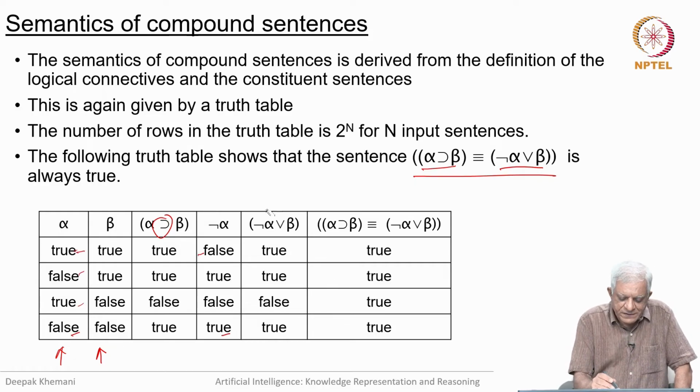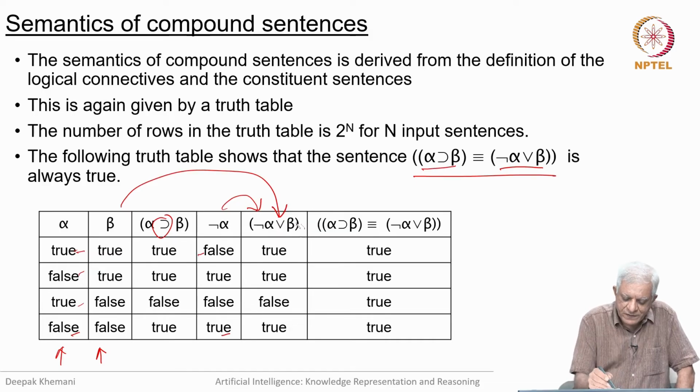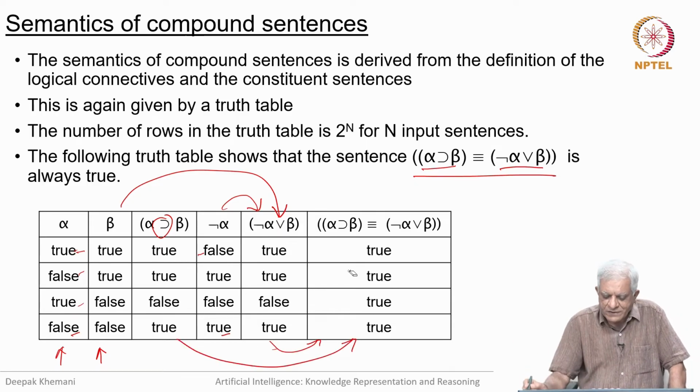And then likewise, once we are given not alpha and once we are given beta, we can compute the truth value of this by looking at these two columns. And finally, the sentence that we are interested in, we look at this column and this column and compute the value of this.